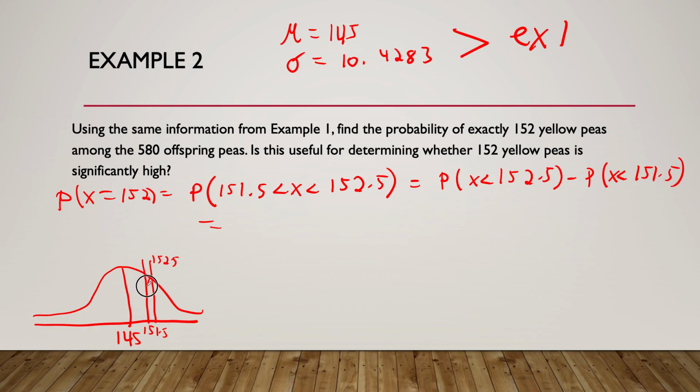We want this tiny little area here. So, tossing this into the normal distribution, we will get 0.7642 for the area less than 152.5, minus the area less than 151.5, which is 0.7324. Subtracting these two values, we get 0.0318.